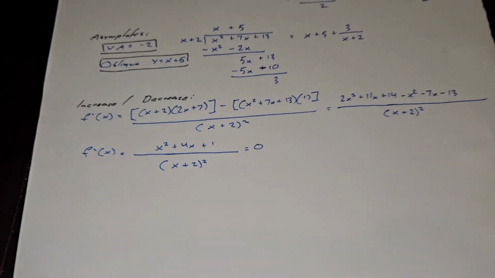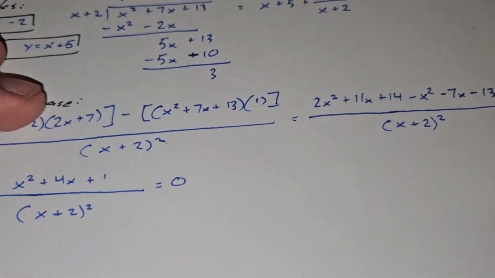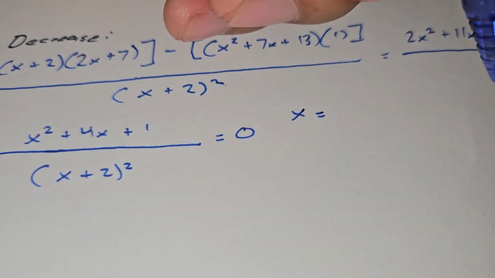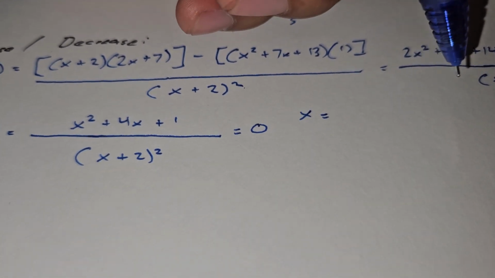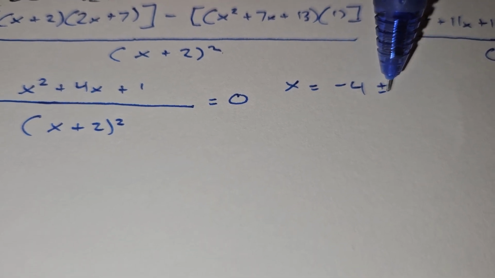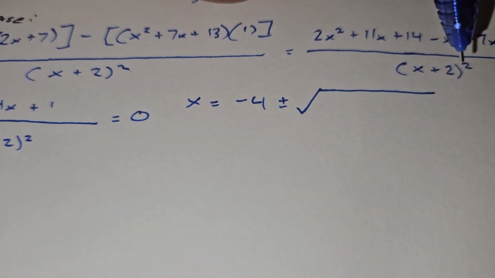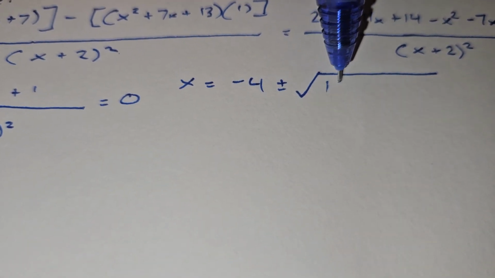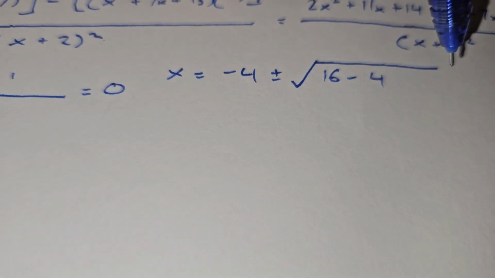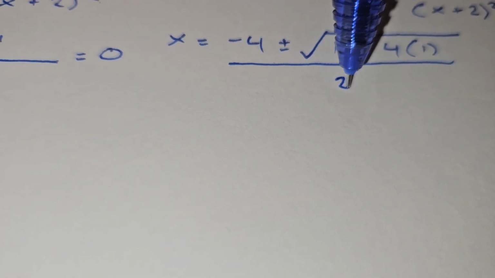I'm not going to rewrite it, but x equals negative b, which is negative 4, plus or minus the square root of 4 squared, which is 16, minus 4. A is 1, C is 1, so just 1, all over 2.